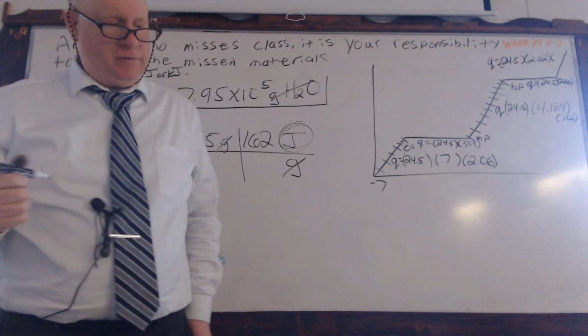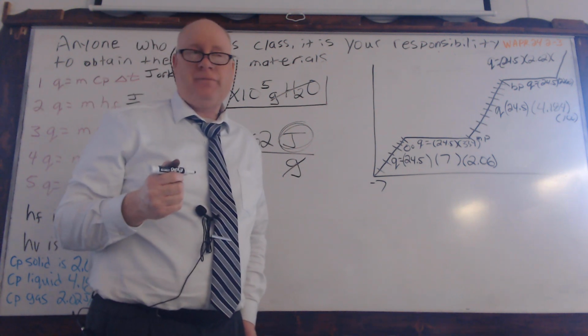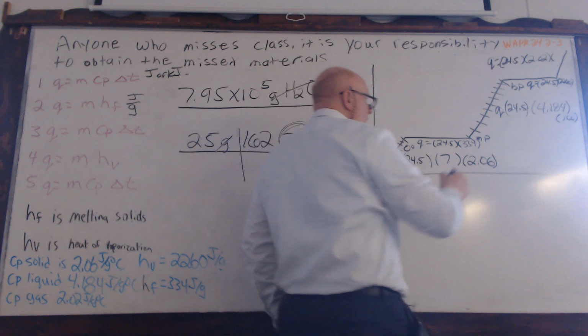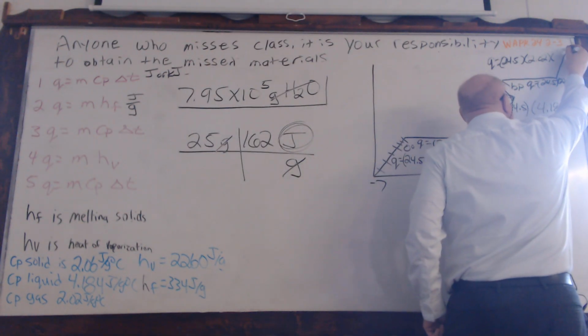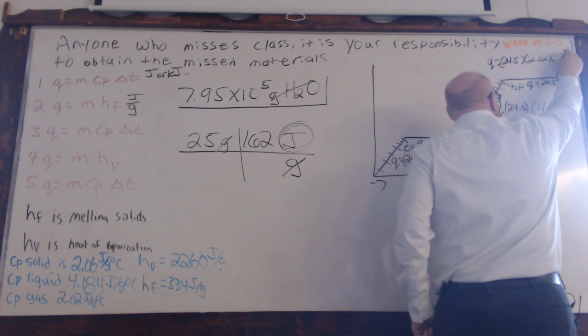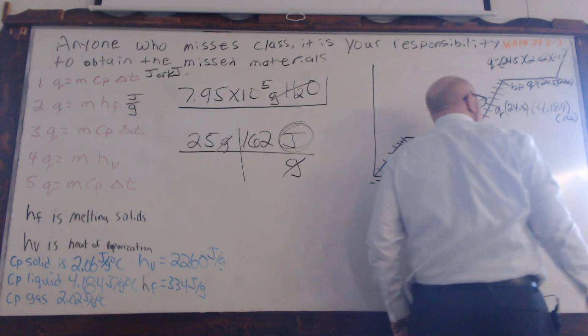And 45 is right, but why is it only 45? So we're already at 100, and it's going up here to 145. 145 minus 100 gives you that 45 value.